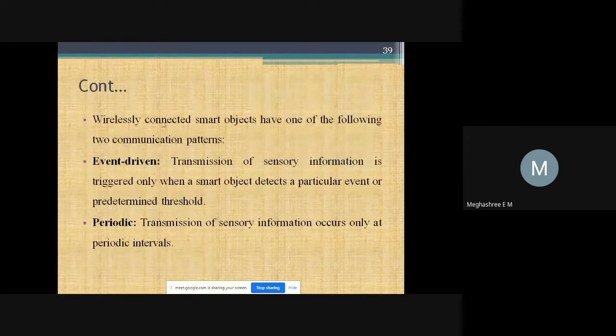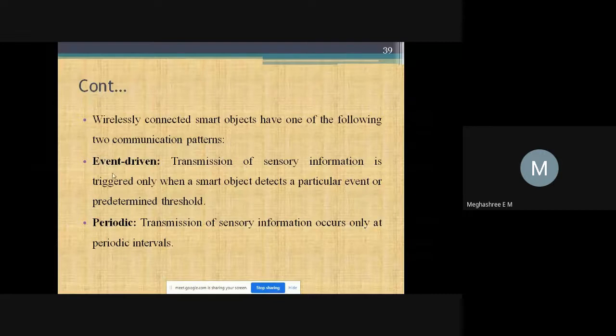These wirelessly connected smart objects follow two kinds of communication: one is event driven, another is periodic. In event driven, transmission of sensed information is triggered only when a smart object detects a particular event or predetermined threshold. For example, sensors deployed to sense an earthquake or any disaster collect data only when such calamities happen.